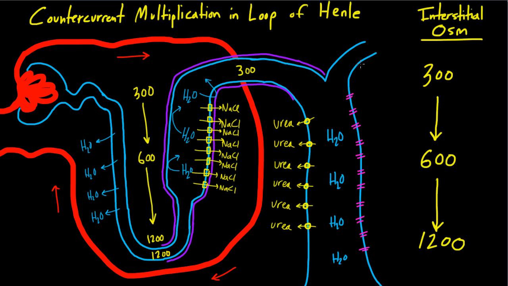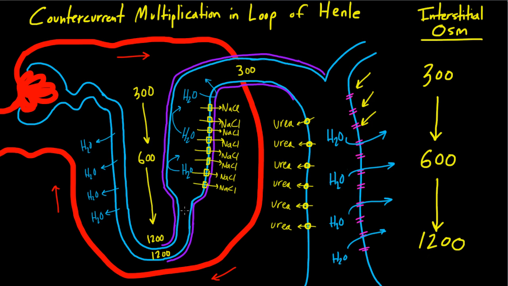Only in the setting of ADH do we get the aquaporin channels that show up. And so once they show up, now water can freely move out into the interstitium, down its concentration gradient, because the urine by this point is not this concentrated.